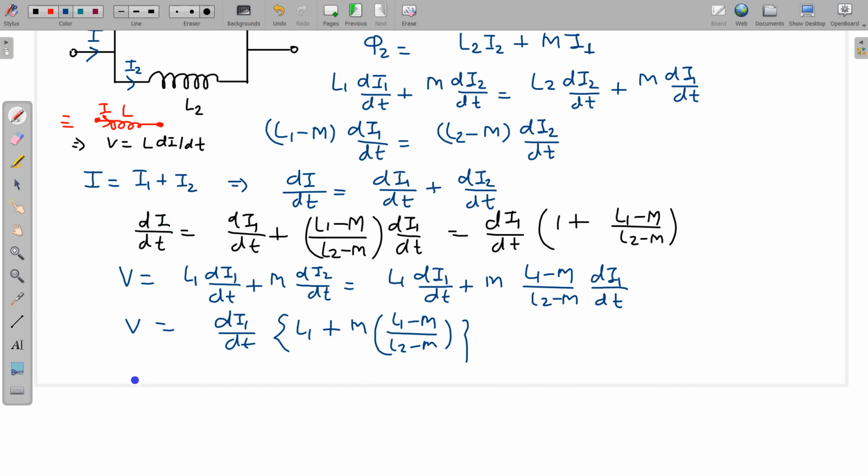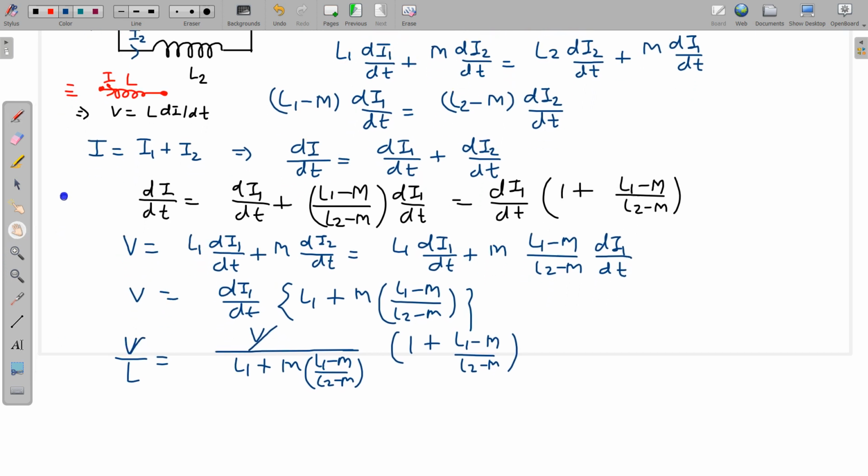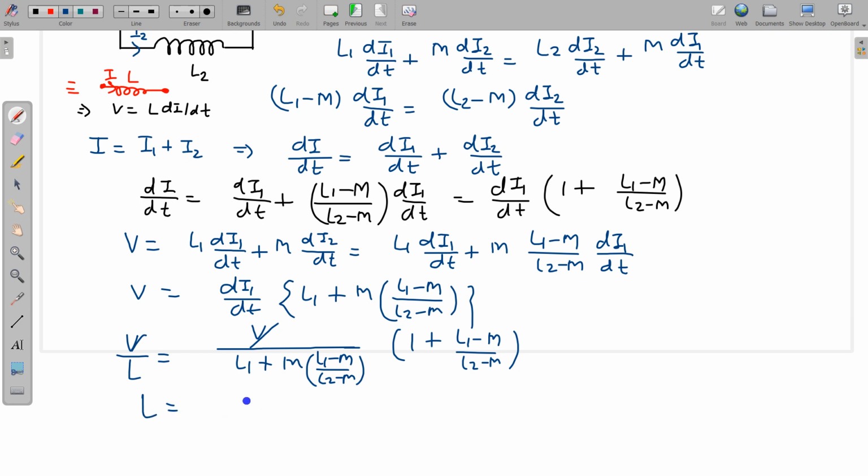For di by dt I can put V by L, and for di1 by dt I can put V divided by this whole quantity, L1 plus M into (L1 minus M) divided by (L2 minus M), times 1 plus (L1 minus M) divided by (L2 minus M). The V is now cancelled, and from here you can easily find the value of L. L comes out as (L1 L2 minus M squared) divided by (L1 plus L2 minus 2M). So this is the equivalent self-inductance.